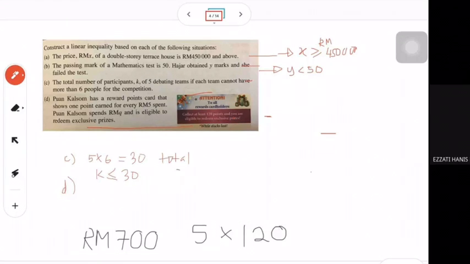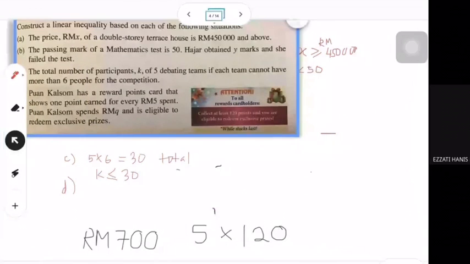Collect at least 120 points and you are eligible to redeem exclusive prizes. 120 points. Every 5 ringgit spent, how many points does she get? Just 1 point. For every 5 ringgit she gets 1 point. So she has to have 120 points.